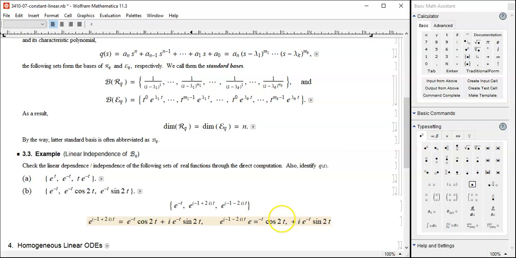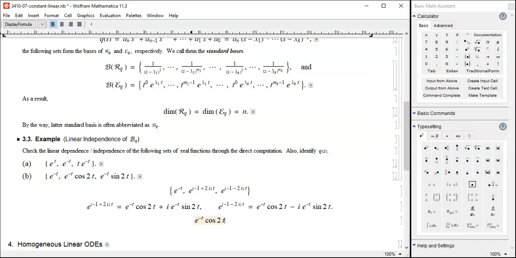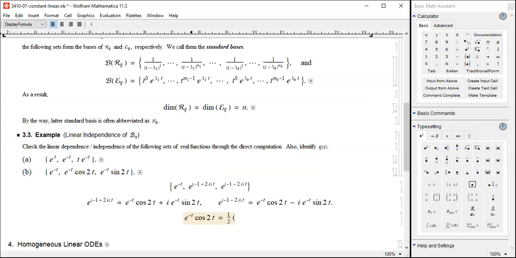So these two can be written as linear combinations of these two, and vice versa. e to the negative t cosine of 2t can be written as 1/2 times the sum of these two, like this. And then sine will be similar.